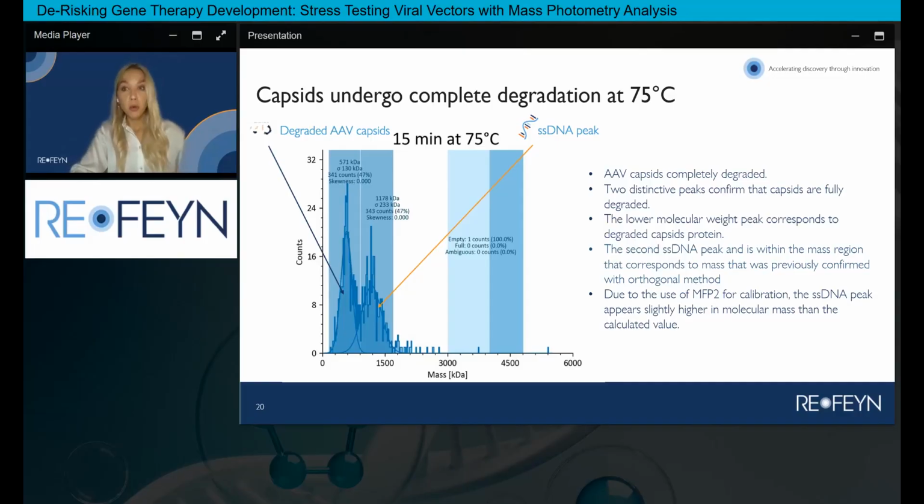Now, it is important to caveat that due to the use of MFP2 for calibration, the ssDNA appears slightly higher in molecular mass than the calculated and expected value, but this is going to be further optimized. So it is very nice to see the two peaks corresponding to degraded capsid proteins, and they don't overlap with how the nucleic acid and the full degradation took place.